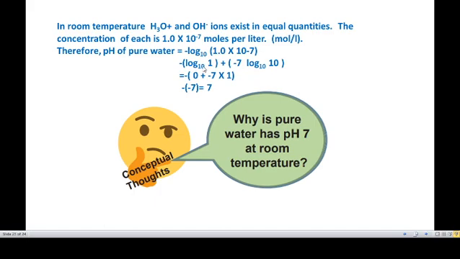Log 1 base 10 is 0, and minus 7 log 10 base 10 is minus 7 times 1. So minus times minus gives plus, and the value is 7. So pure water has pH 7 at room temperature.